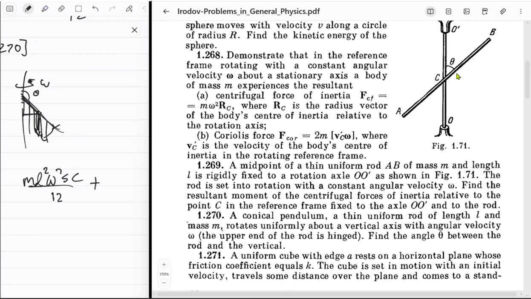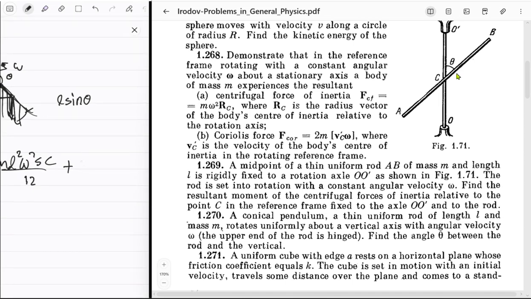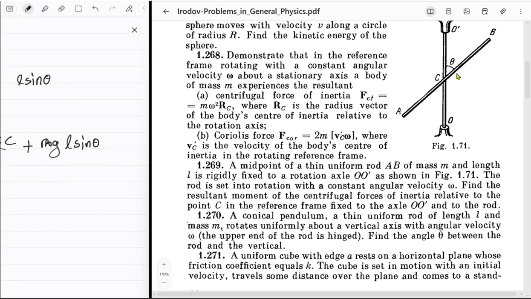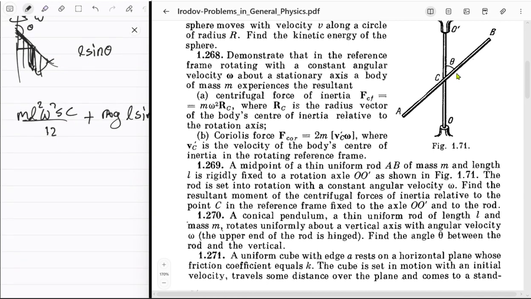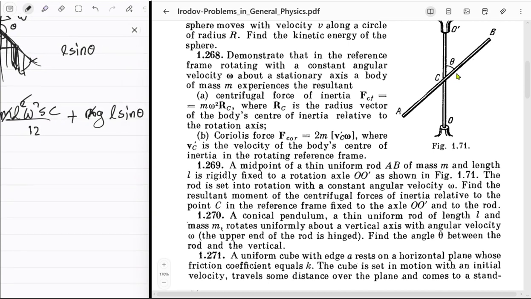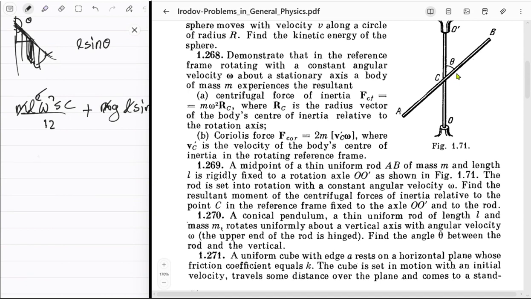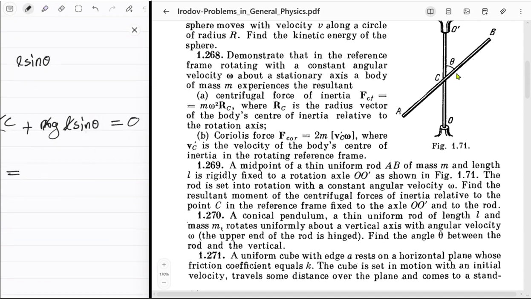What is this distance actually? It's L upon 2 sine of pi minus theta, which is L upon 2 sine theta. And the force is mg. So mg L sine theta, that is the torque, equal to 0. Cool. So m cancels, L cancels as well. So g sine theta. And in fact, sine theta also cancels because that's not 0.